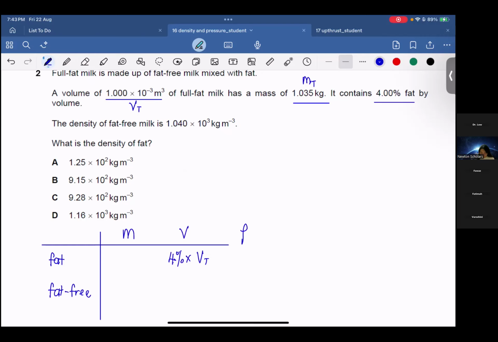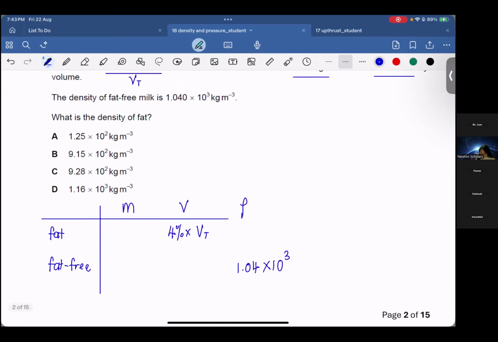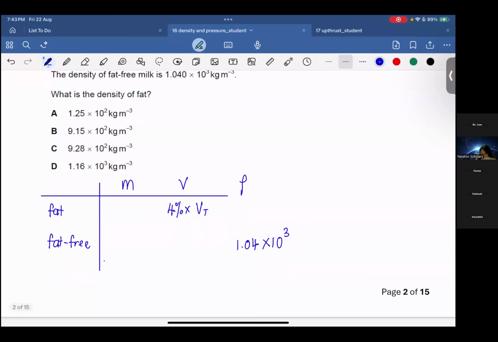Then the density of the fat-free milk is 1.04 times 10 power of 3 kg per meter cube. The total mass here should be 1.035 kg.